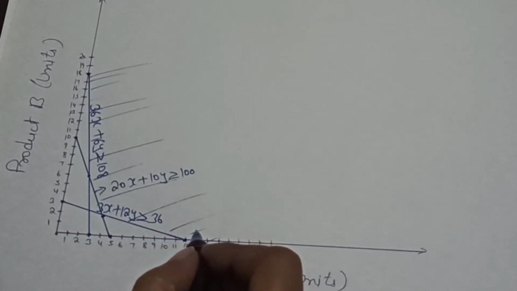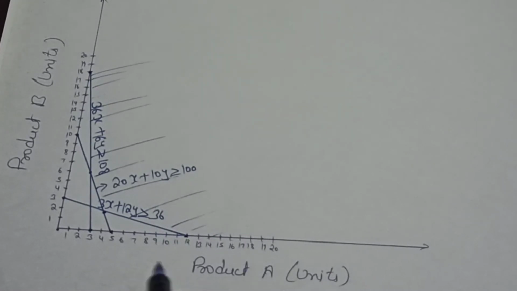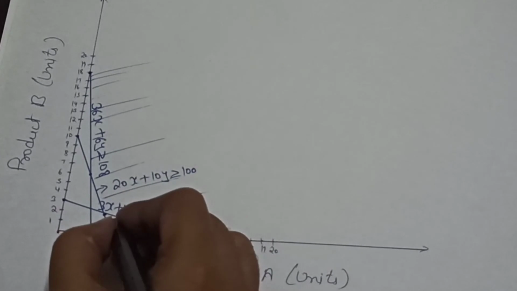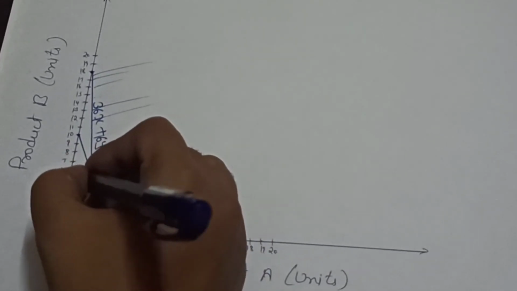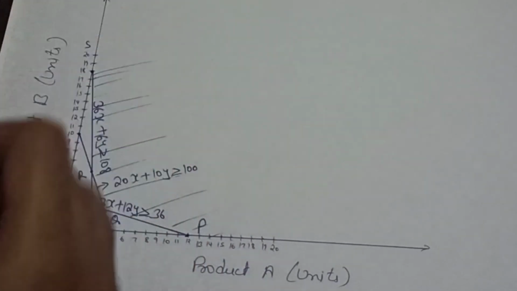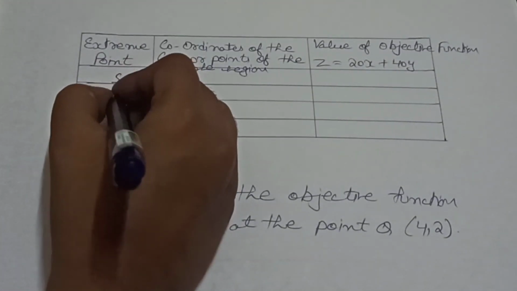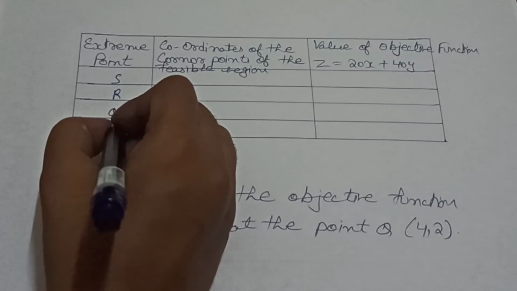We have these 4 points. So we will name these points. As you can see here, this is point P, this is Q, this is R, and this is S. So we will write these points in this table: S, R, Q and P.